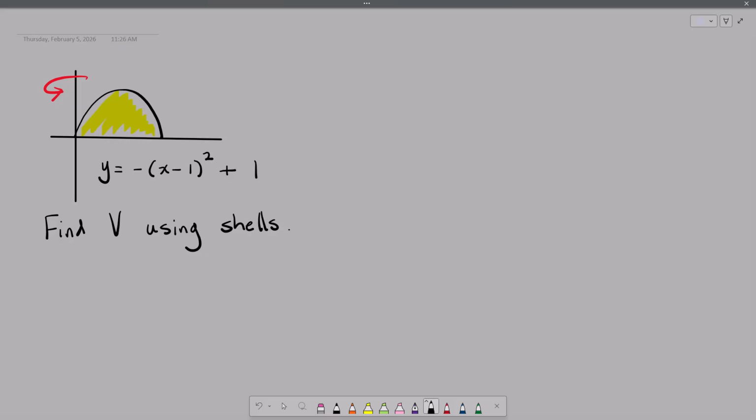Do you need to isolate x in the function if you're using a shell? Well, I was trying to find that x-intercept, trying to find my boundary. Oh, okay. So if you set y equal to 0, you should be able to do that.